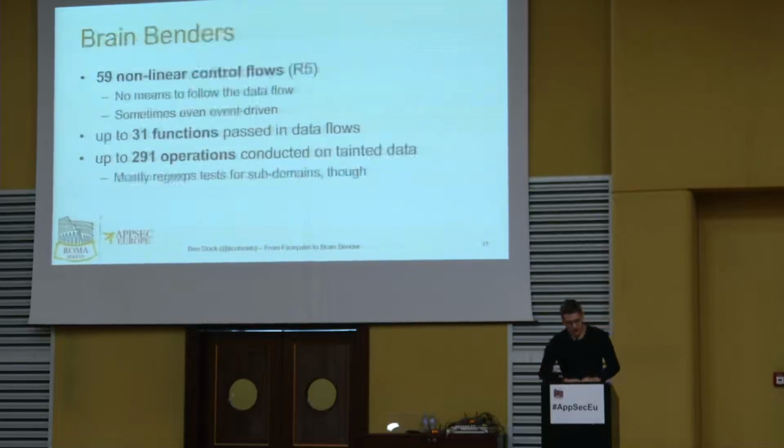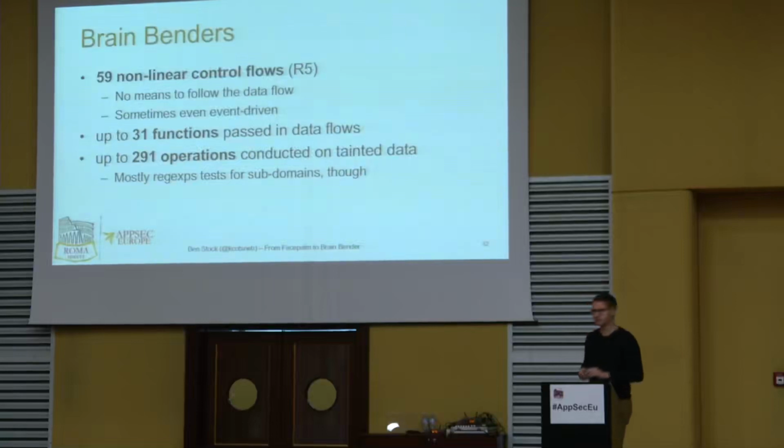All right, for the brain benders, we had 59 cases with this relation 5. This means we have no means to follow this data flow throughout the code. Sometimes these things are even event-driven, and I have an example of how this might look in a minute. In the most extreme case, 31 functions were traversed, and up to 291 operations were conducted on the tainted data.